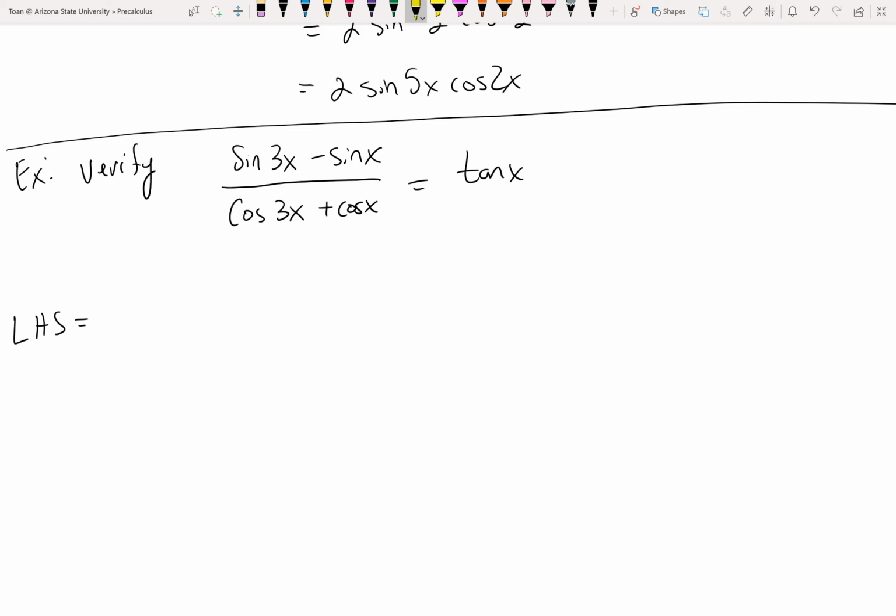We have sine of a particular angle, 3x, minus sine of a different angle, x, over cosine of an angle plus cosine of another angle. So if you look at the numerator and denominator separately, in the numerator we have what? Sine minus sine. In the denominator we have cosine plus cosine.